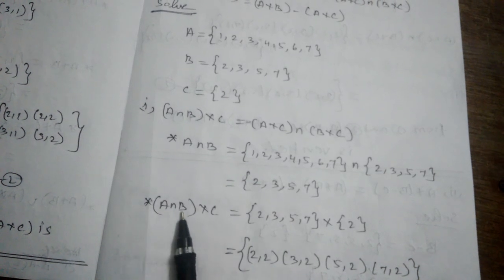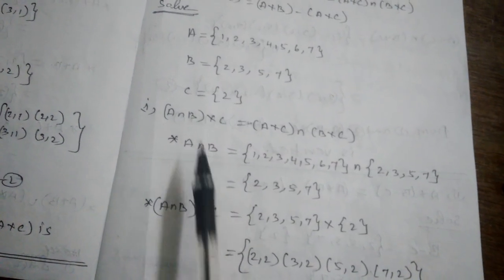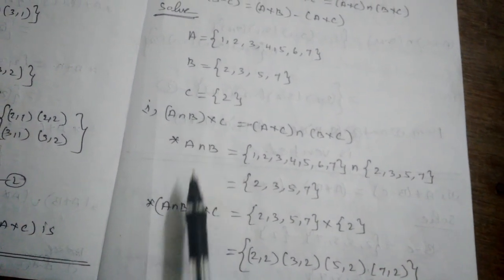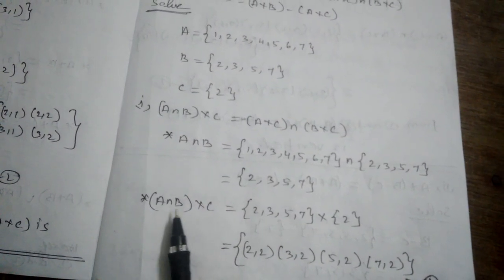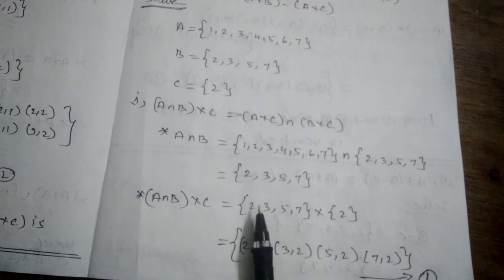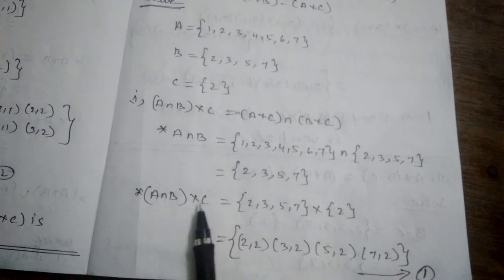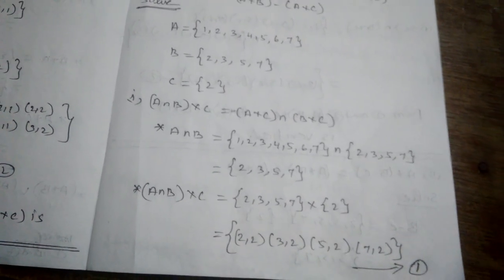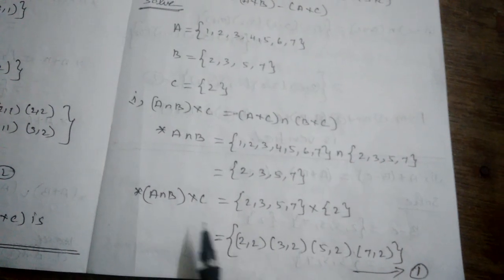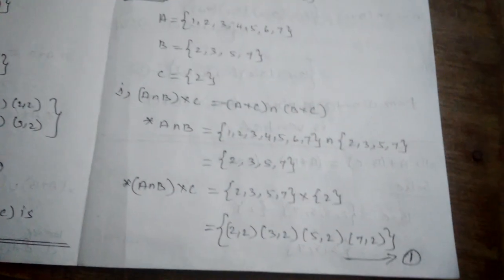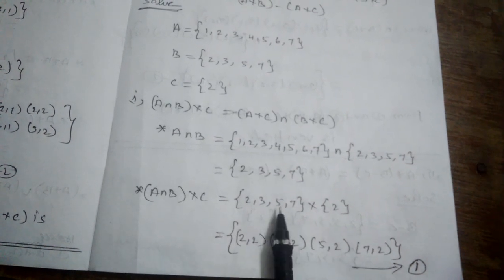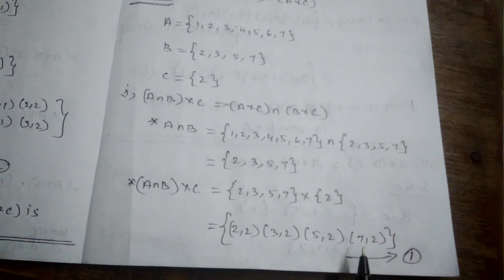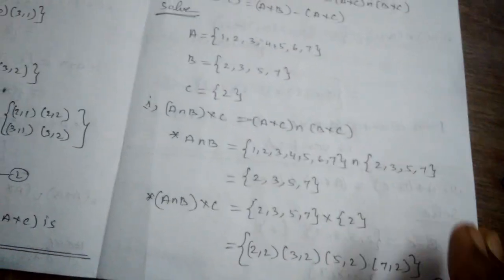Then (A intersection B) cross C, we find the left-hand side. So A intersection B is {2, 3, 5, 7} cross C, which is {2}. Using the Cartesian product we get {(2, 2), (3, 2), (5, 2), (7, 2)}, right?